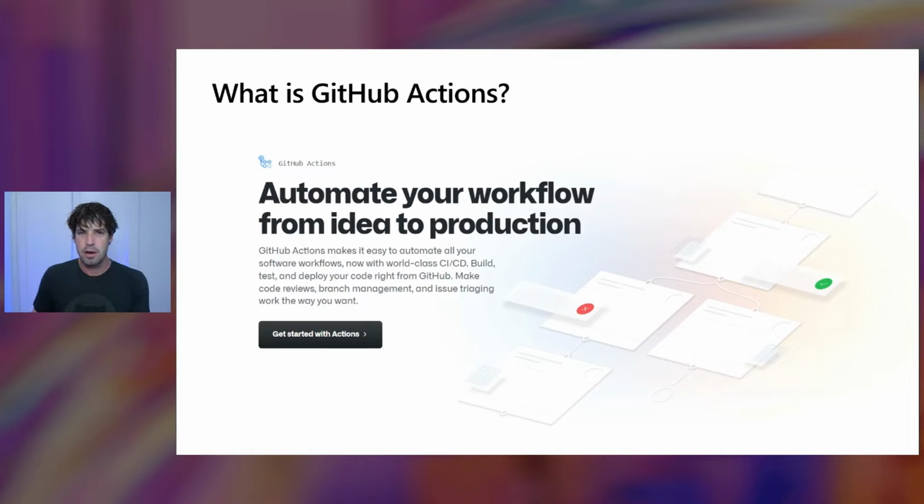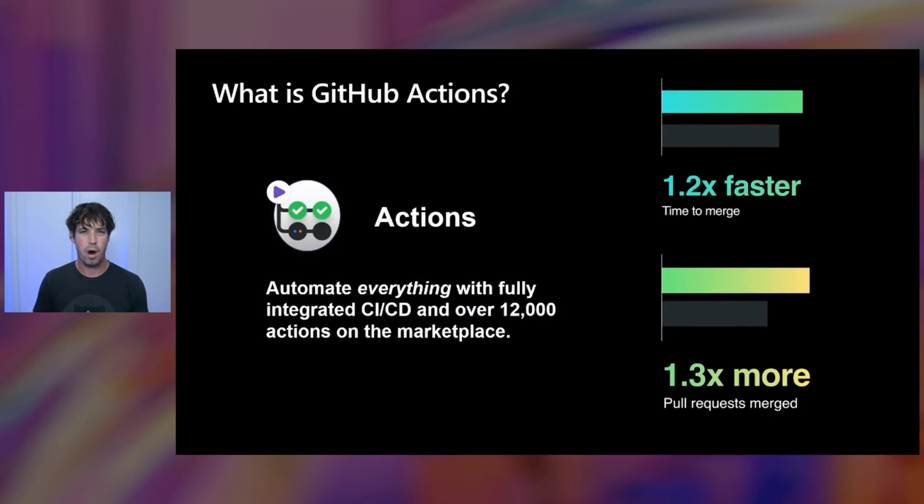So I'm going to show you a demo in a little bit, but first off, let's talk about why you'd want to use GitHub Actions. Now, it's a fully integrated CI/CD platform built right into GitHub. What this means is that you get this full traceability all the way from the idea all the way through to deployment into production.